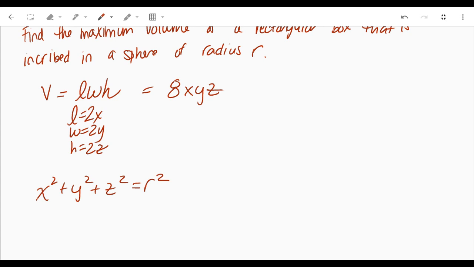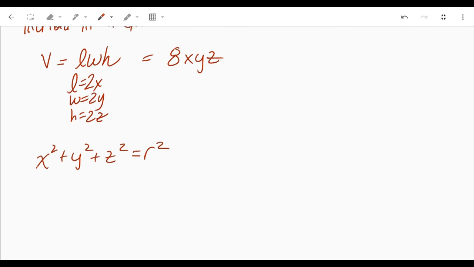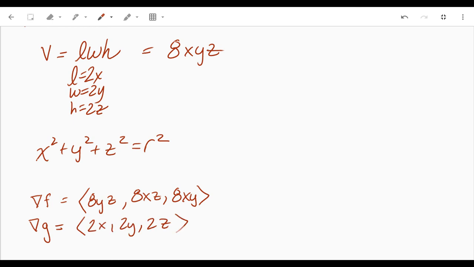So we went through the whole 11.7 method of solving it, and now we're going to do it with Lagrange multipliers. So our gradient of our primary equation would be 8yz, 8xz, 8xy, and the gradient of our constraint would be 2x, 2y, 2z.